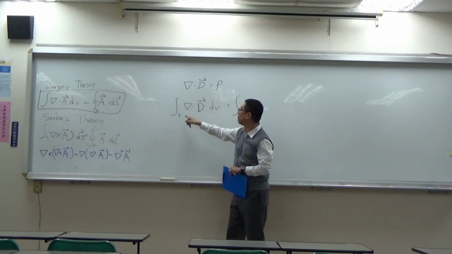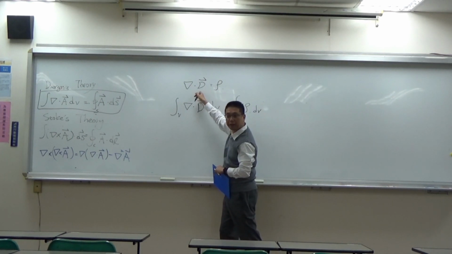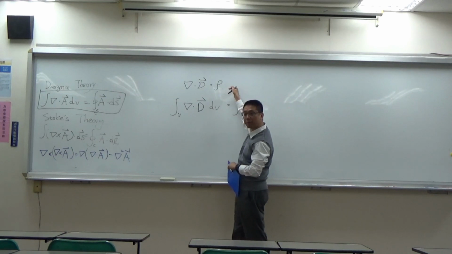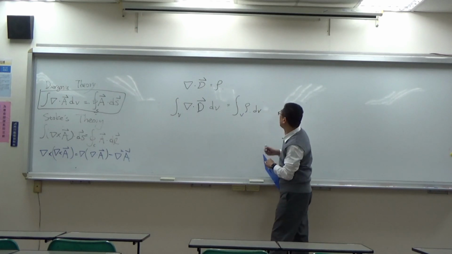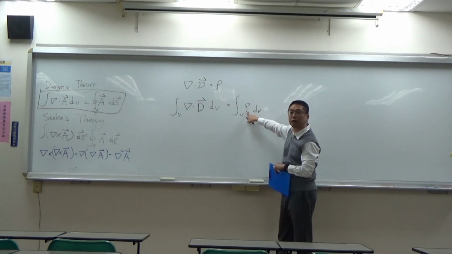You take the volume integral of the left side and the right side, both of them. Rho is the volume charge density.